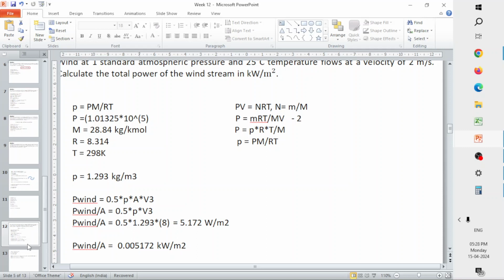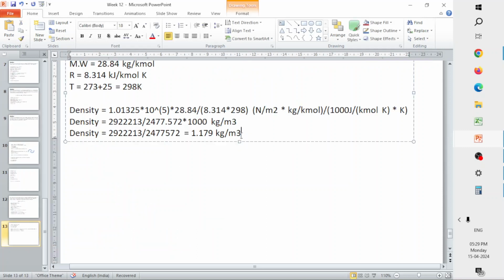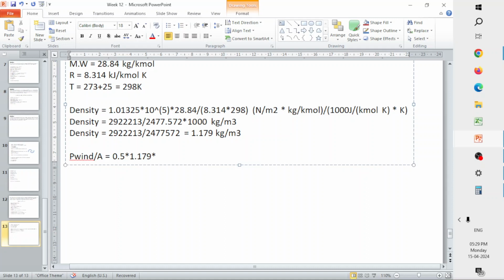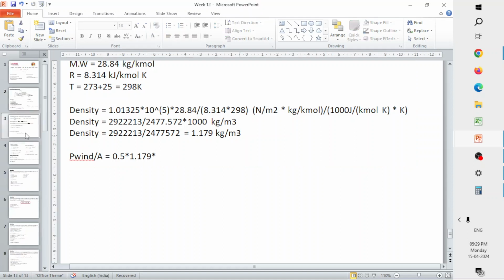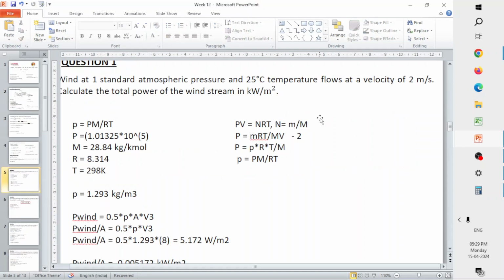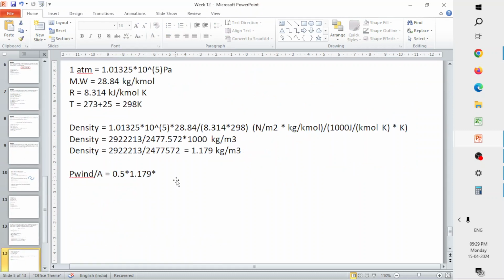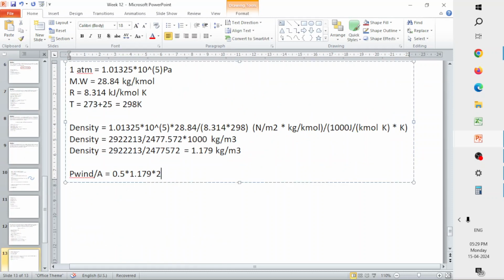If you take this as the density and calculate, then the power available in the wind per unit area is nothing but 0.5 times rho, that is 1.179, times v cube. V is taken here as 2, so that will be 2 cube. So 2 cube will be nothing but 8.